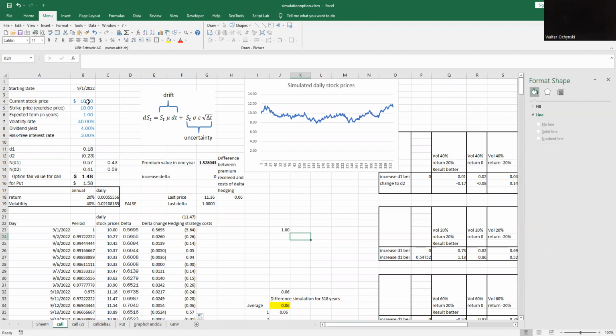In order to provide these simulated results, I created a model which uses the Black Scholes formula. We need the current price, which is 10 in our model at the moment.